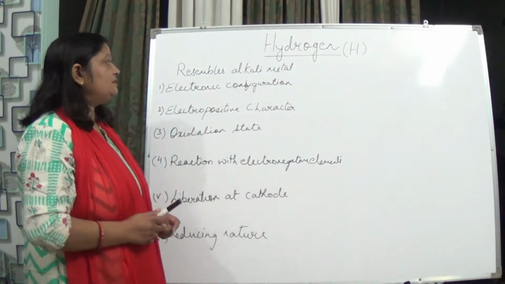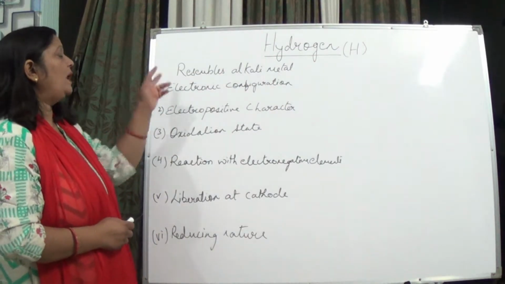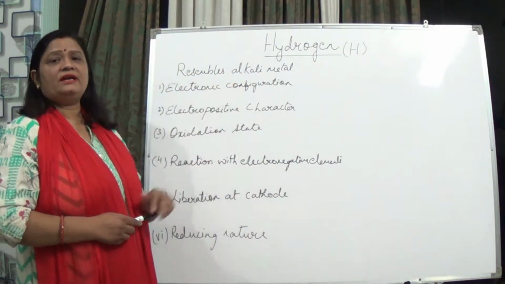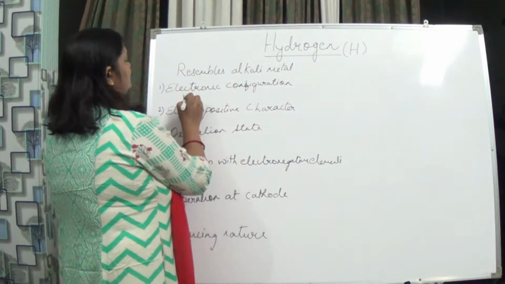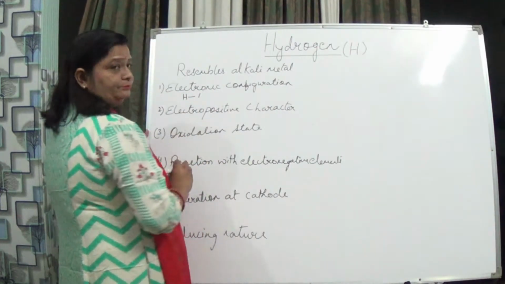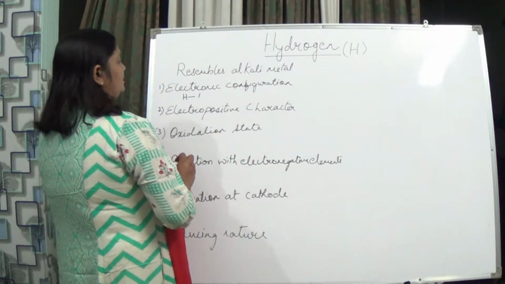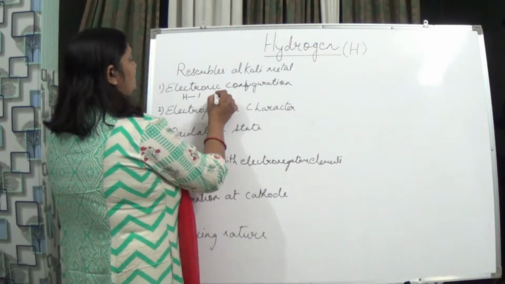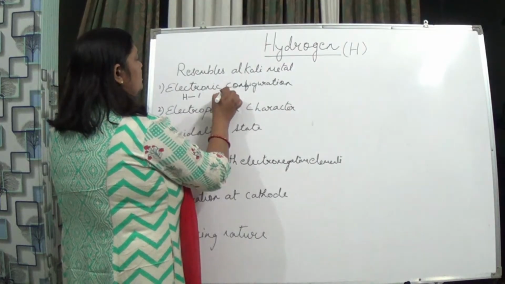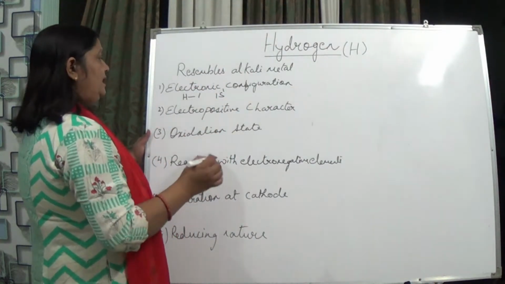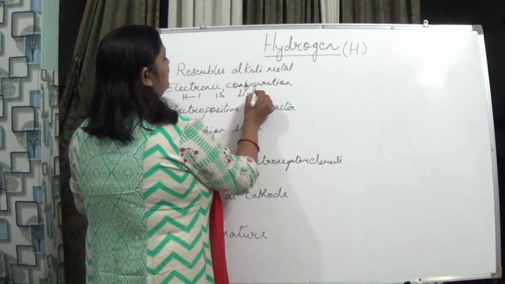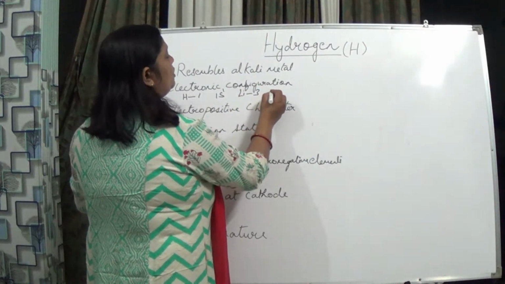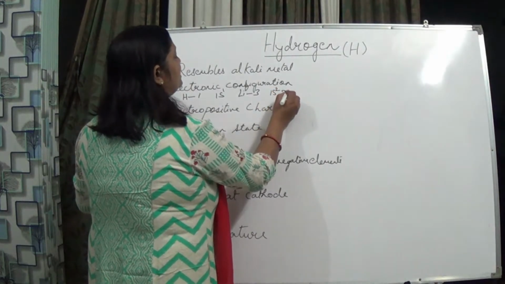First, it resembles alkali metals, we are saying. Why? Because of its electronic configuration. Hydrogen consists of only one electron, so its electronic configuration becomes 1s1. If we talk about lithium, its atomic number is 3, and it becomes 1s2 2s1.